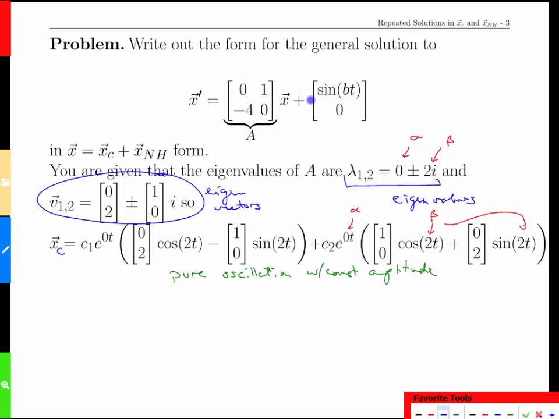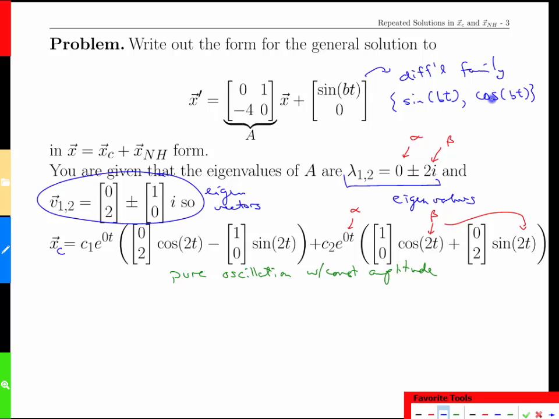Now, let's take a look at what happens when we include our differential family for the non-homogeneous part. Well, the differential family is going to be sine of bt, that's given already, so it's definitely in the set. And we're going to need its cousin, cos of bt, to complete possible derivatives.